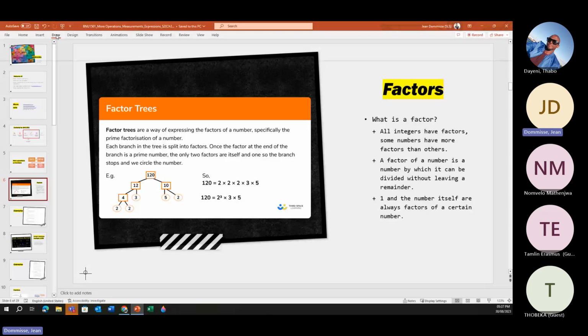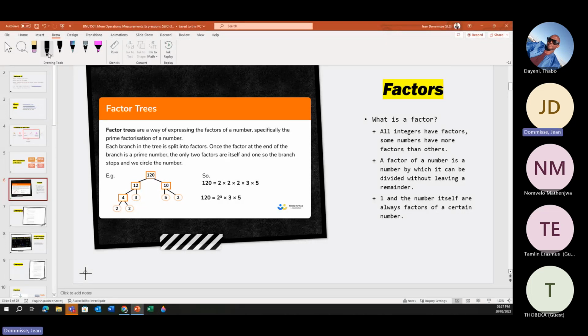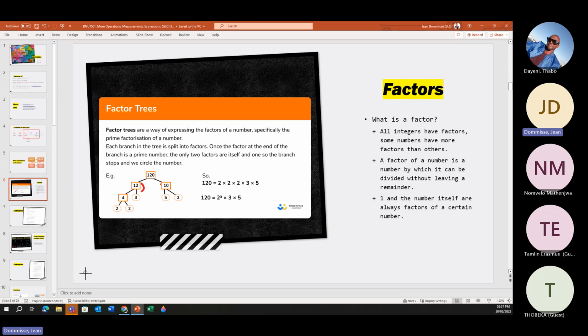It's easy to say that 12 times 10 will give us 120. Then we can break up the 10. To break up the 12, we can say 4 times 3, but then again we're sitting with a 4 that can be broken up into two twos.